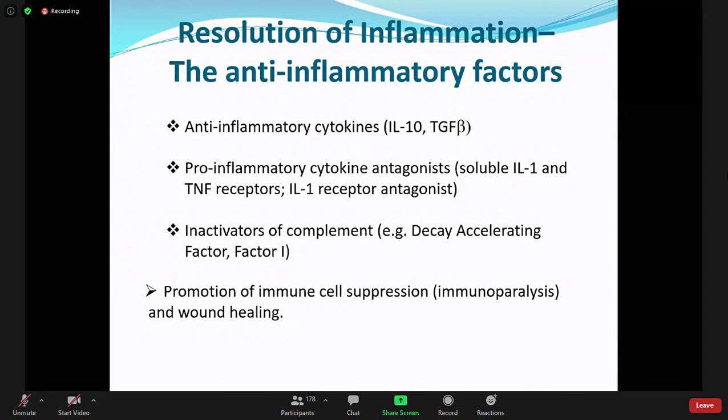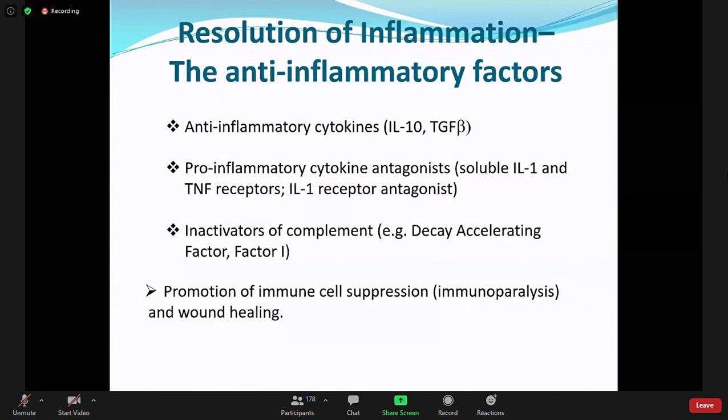But many of these anti-inflammatory factors, particularly IL-10 and TGF-beta, are produced by so-called regulatory T cells. The production of these cytokines prevent cellular immune responses against commensal bacteria, so they promote peripheral tolerance, as well as winding down an inflammatory response that happens.